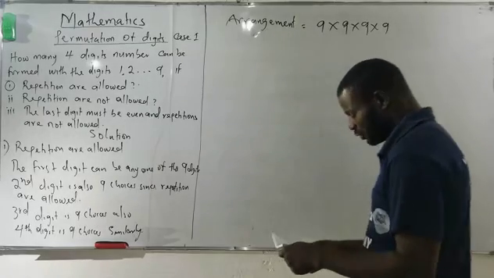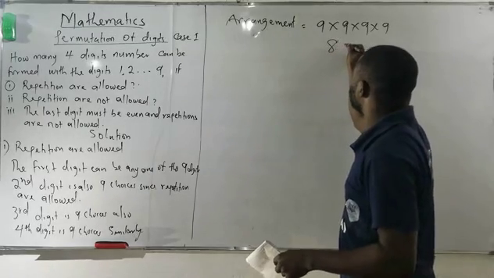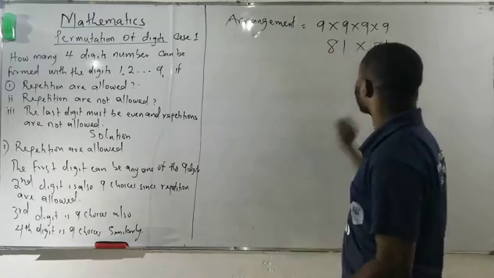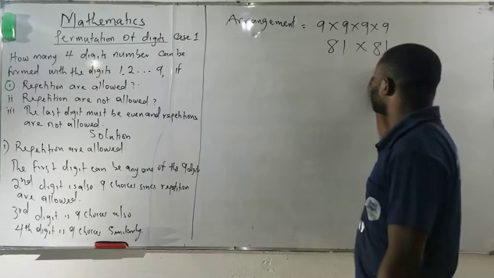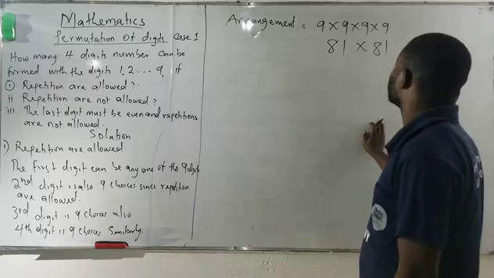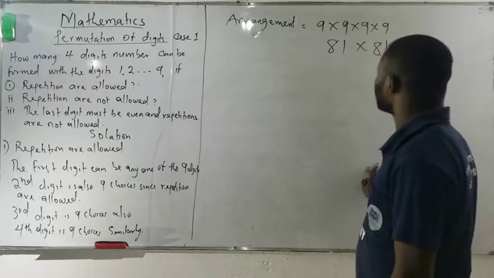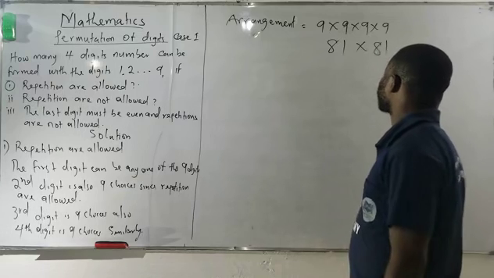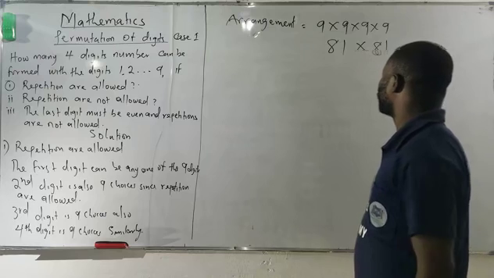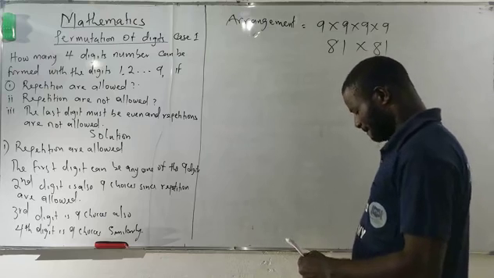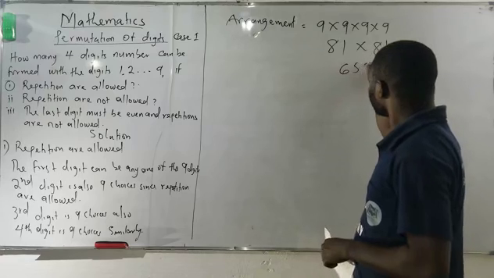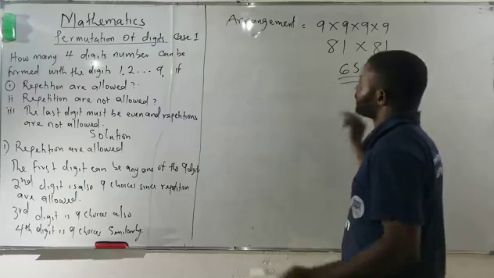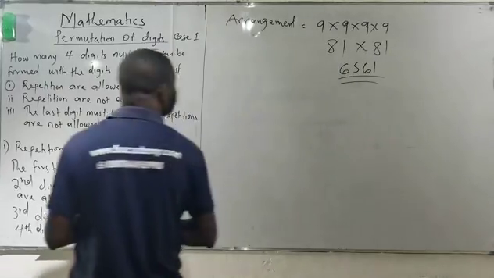If you do that, I will have 81 multiplied by 81, since 9 times 9 is 81. Multiplying these two numbers together, 81 squared will give me 6561. That is just it. That is the first one.